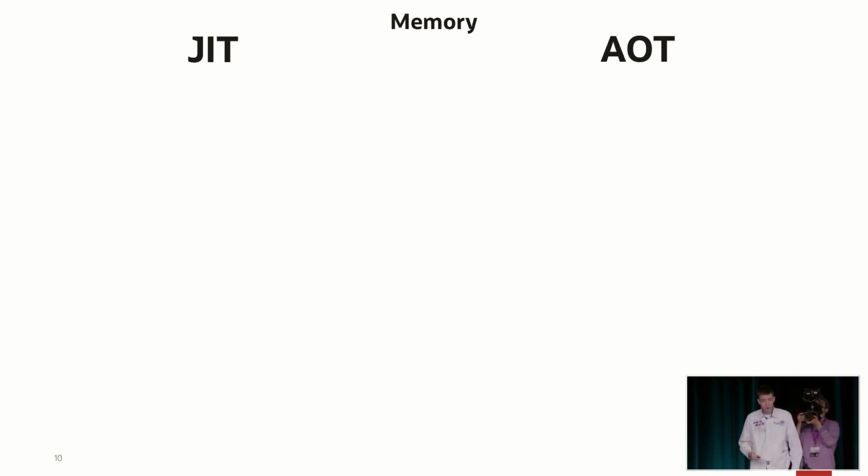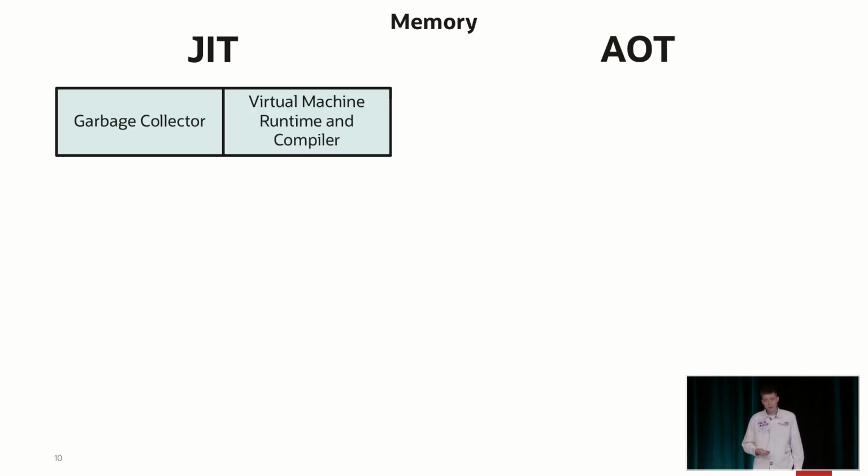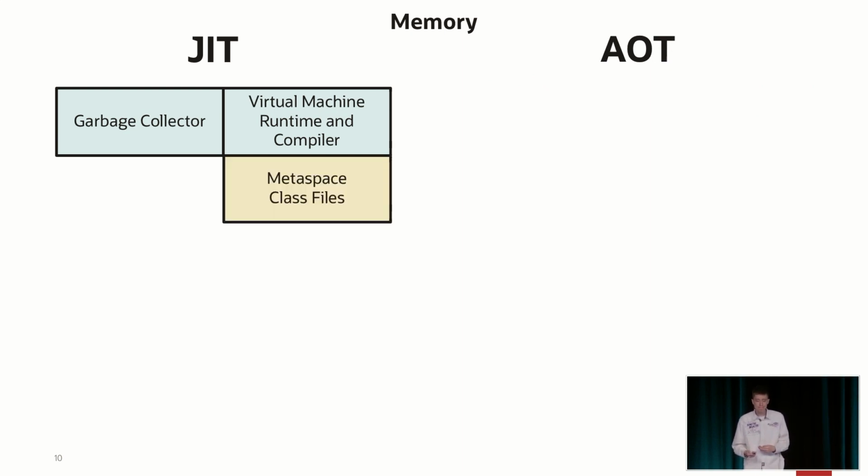So in the JIT mode, what type of memory is occupied by a Java application? So first of all, there is a garbage collector and a runtime component of the VM that needs to be loaded somewhere in memory. OK, that seems clear. But then there are other parts that need to be loaded in memory that are not directly associated with your application.